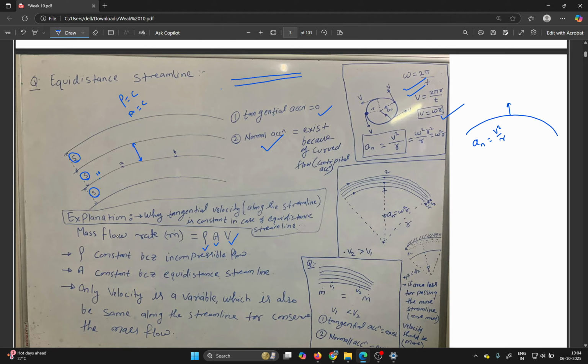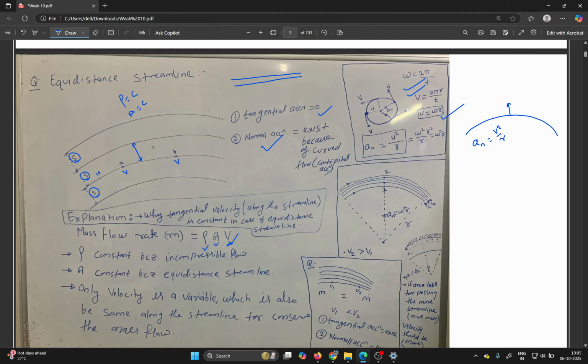As per conservation of mass, if you want to check the mass flow rate at point A and at point B, if the velocity is equal at both places, then the mass flow rate is constant at point A and point B, because two things are already constant and only one variable remains. To keep the mass flow rate constant you would have to change v, but here we will not change it because the area is constant.